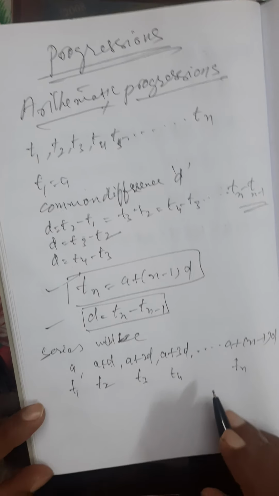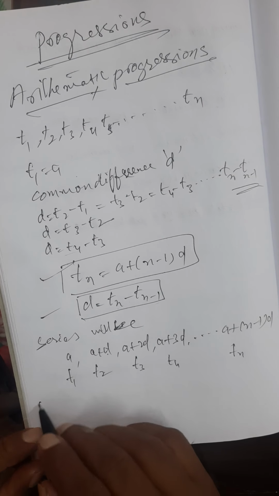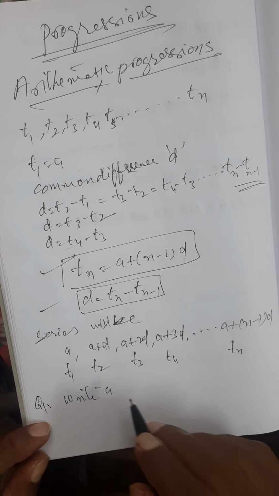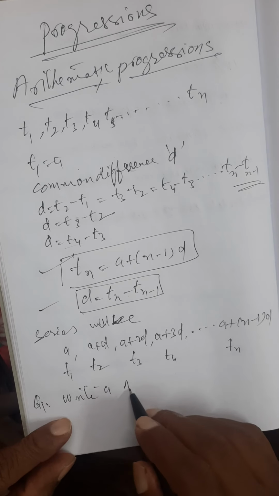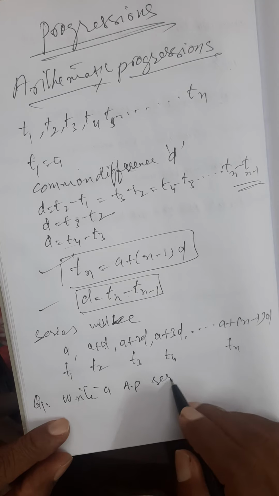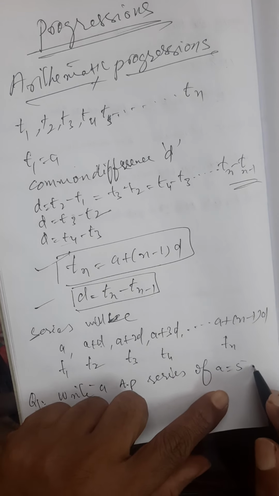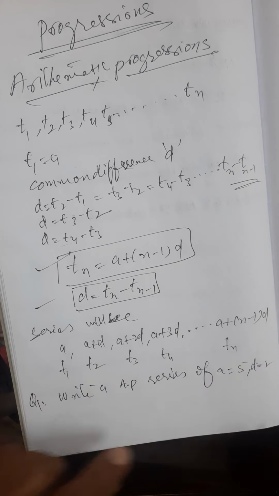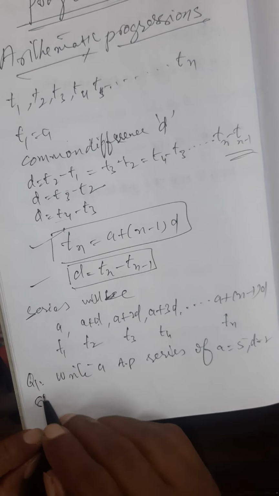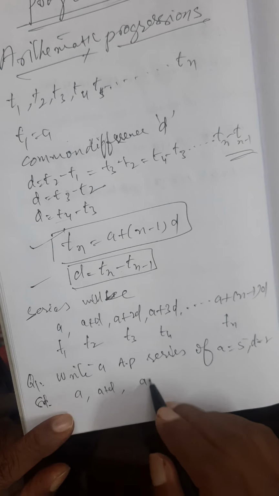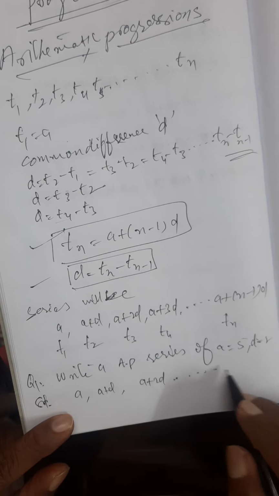Now we are going to write a series. Suppose the question: write an AP series, arithmetic series, if a equals 5, d equals 2. Solution: the series is a, a plus d, a plus 2d, dot.